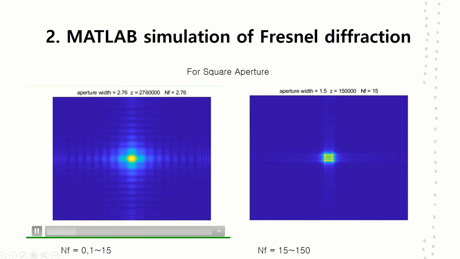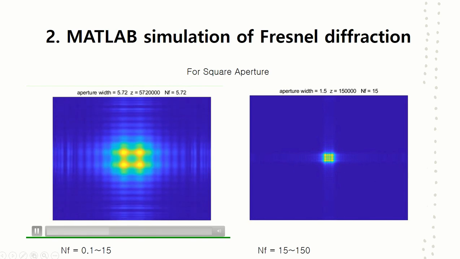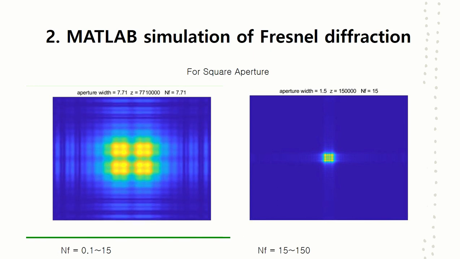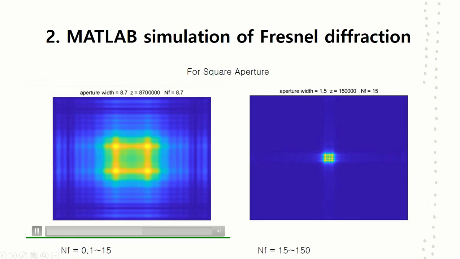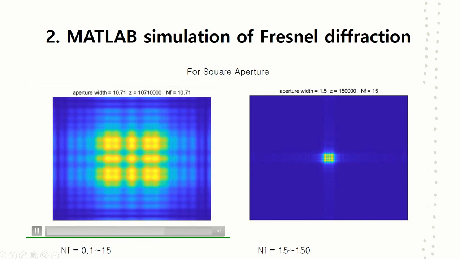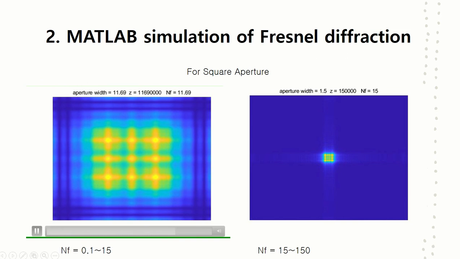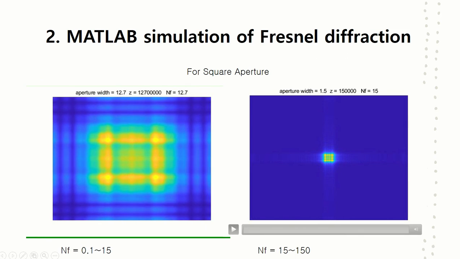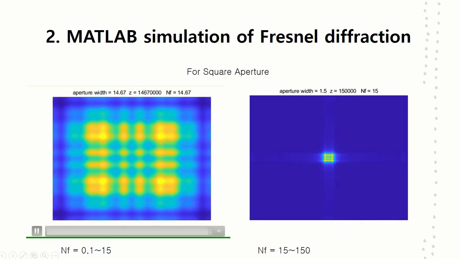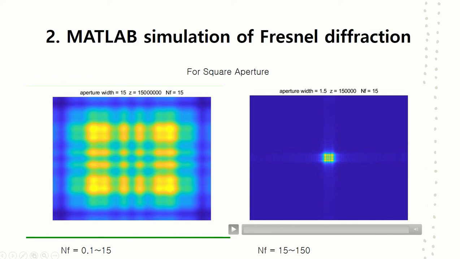It starts as Fraunhofer diffraction and is now changing to Fresnel diffraction as N_F is rising. And this is for large Fresnel number.